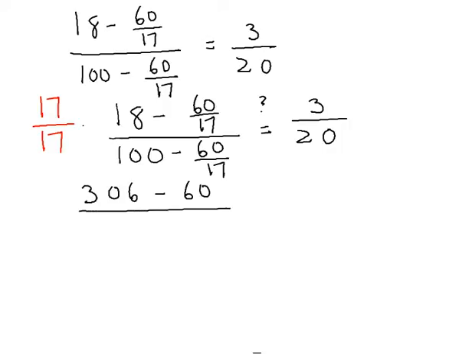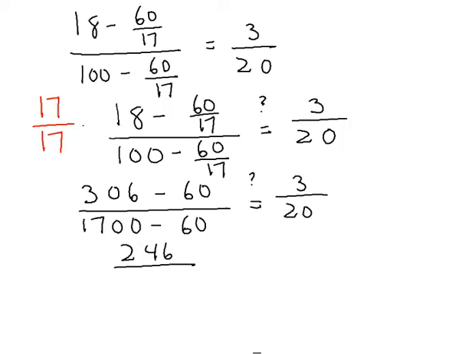And in the denominator, the 17 times 100 will produce 1700. And 17 times the 60 over 17 will produce 60. And we hope this will simplify to 3 divided by 20. And the 306 minus 60 will produce 246. And the 1700 minus 60 will produce 1640.